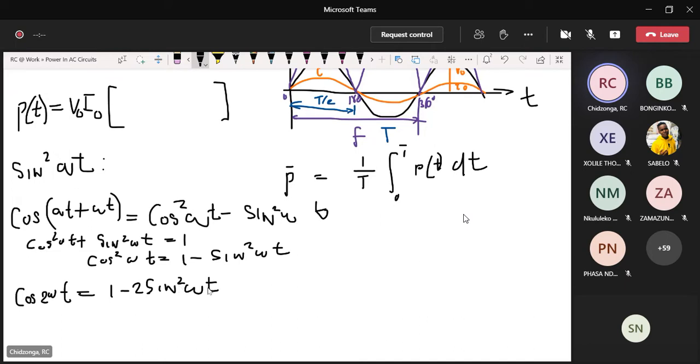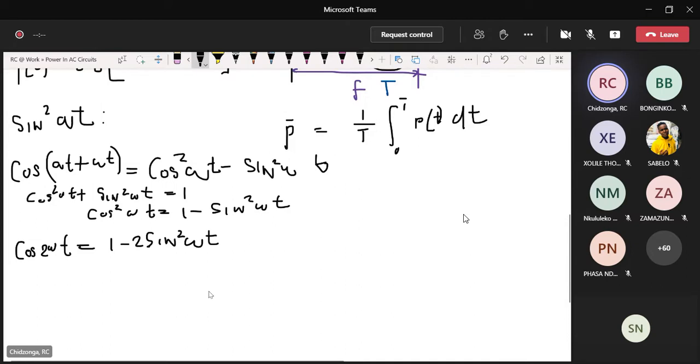So now I'm going to make sine squared the subject of this equation. I'm going to rearrange and bring my sine over here. So I'm going to write sine squared omega t is equal to 1 minus cos 2 omega t, all divided by 2.